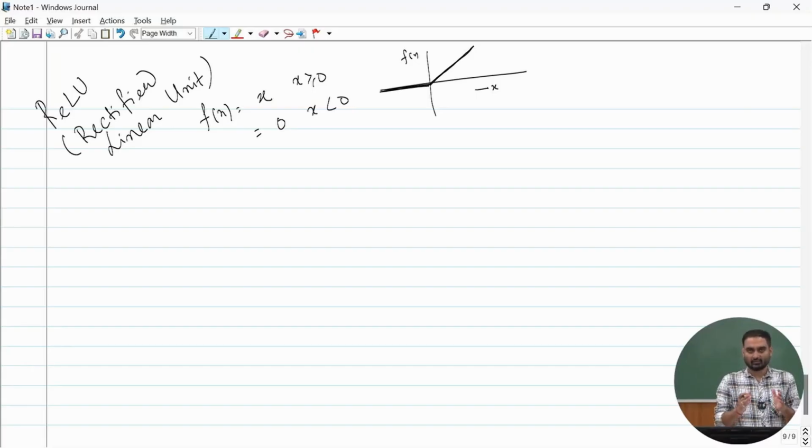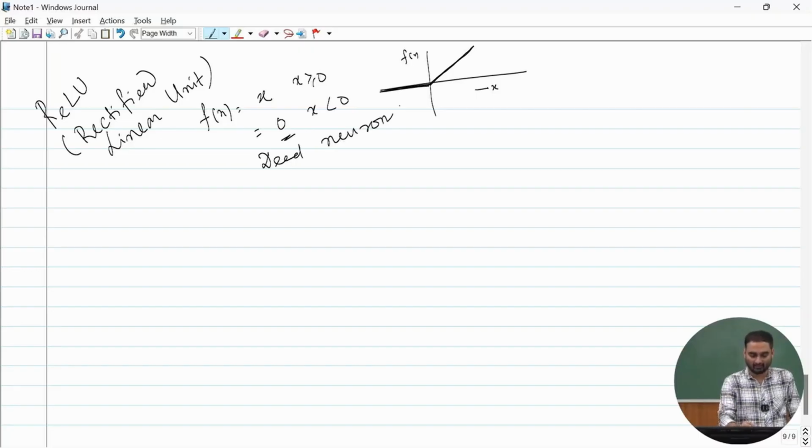Now remember, this activation function is applied on top of A. What is A? A is the pre-activation value. So if the pre-activation value is negative, there will be no activation. If it is negative, it will be 0. Post-activation, this will be 0. It means that that particular neuron will be dead, right? So this is called the dead neuron problem.